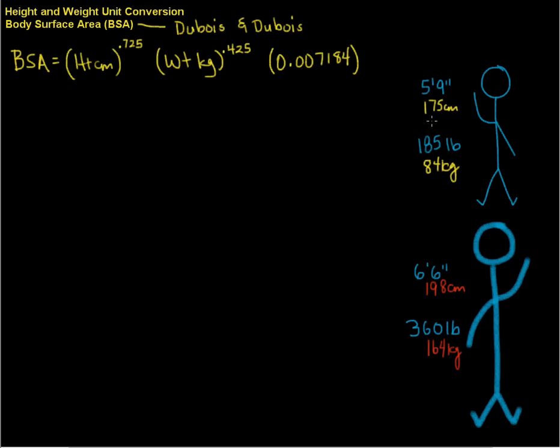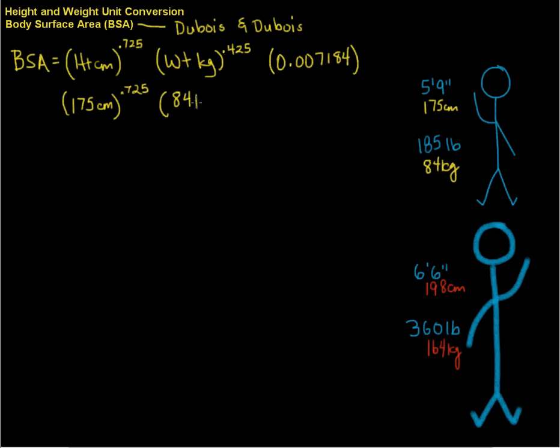So let's start plugging in some numbers. Here we have this first patient that we said was 175 centimeters. So we take 175 centimeters to the power of 0.725. And we have 84 kilograms.